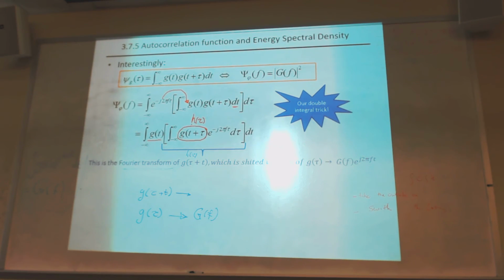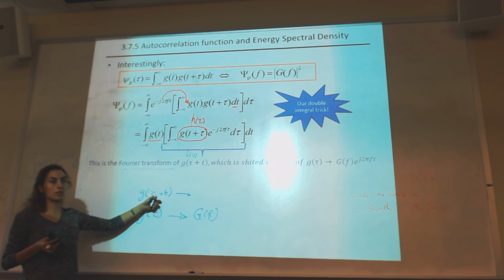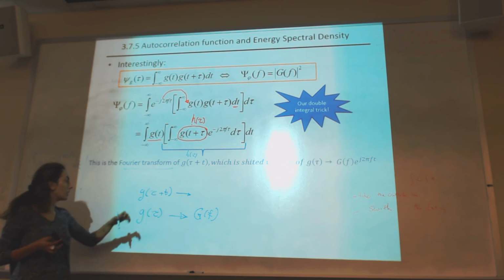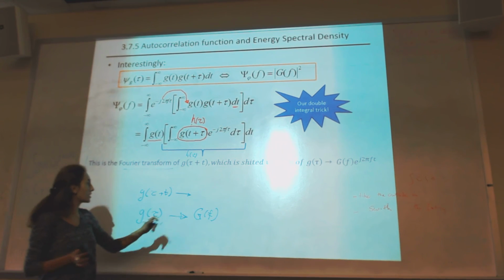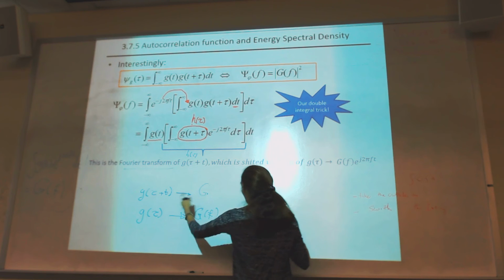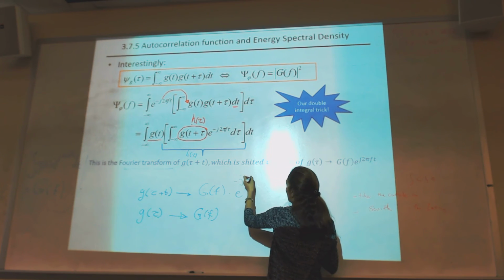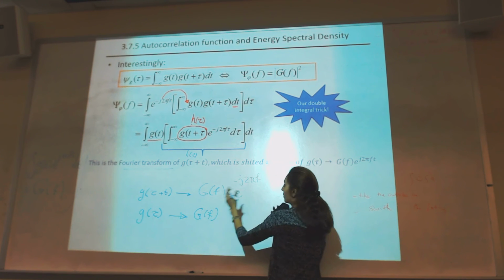When you shift in one domain, what does that correspond to? Multiplication by an exponential. Very good. Shift in one domain, multiplication by an exponential in the other domain. Shift in time, multiplication by the amount of shift.